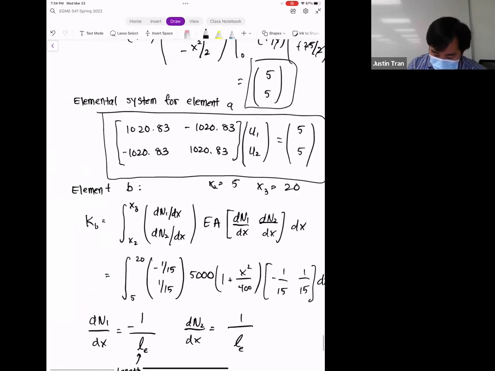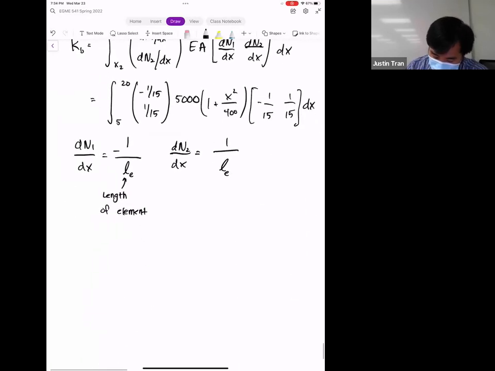All right. I'm going to take all our constant terms and bring them out, and then simplify and integrate this. The integral is going to be the same as before, although the bounds are different.